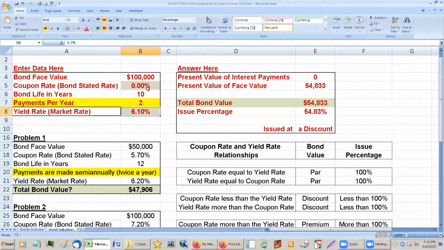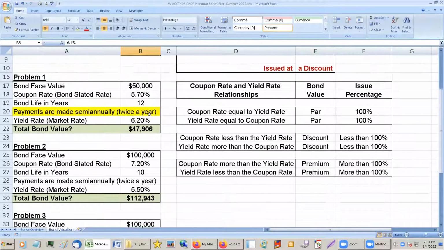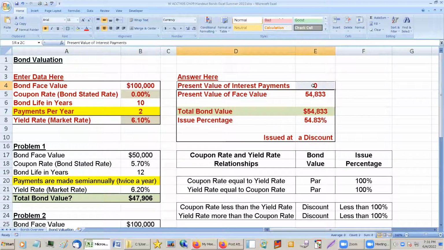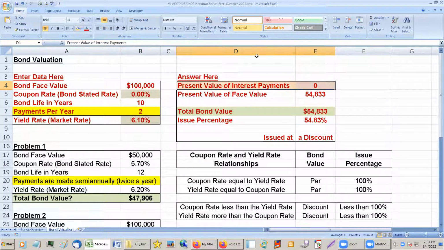So even a coupon rate that's zero, they'll still buy them. Now notice the discount is pretty severe. It goes from, it's about 54% of it. And you'll notice here that the present value of interest payments is 0 because there aren't any.